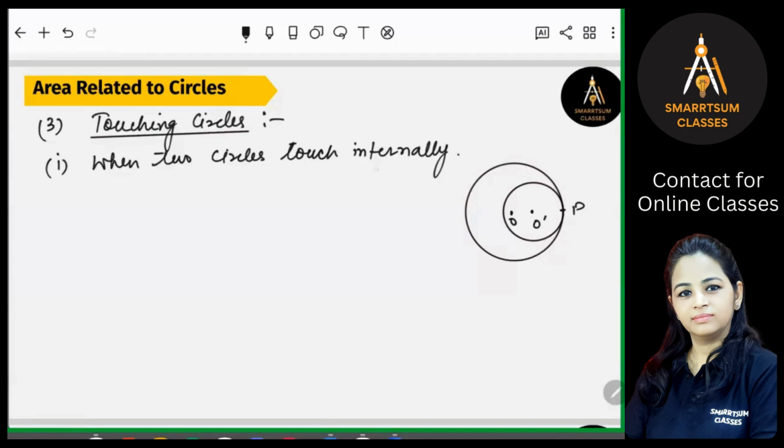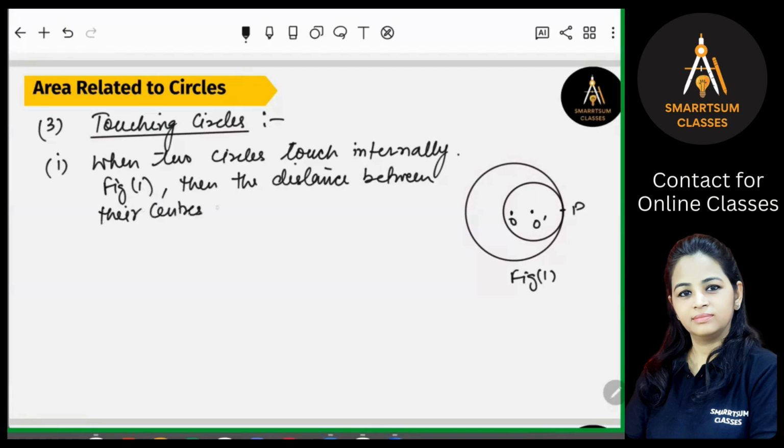So when two circles touch internally, suppose this is figure 1, then the distance between their centers will be equal to the difference of their radii.